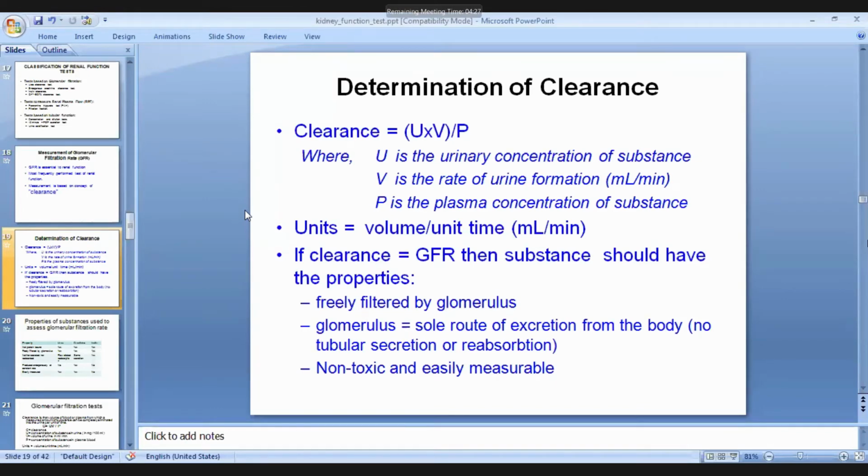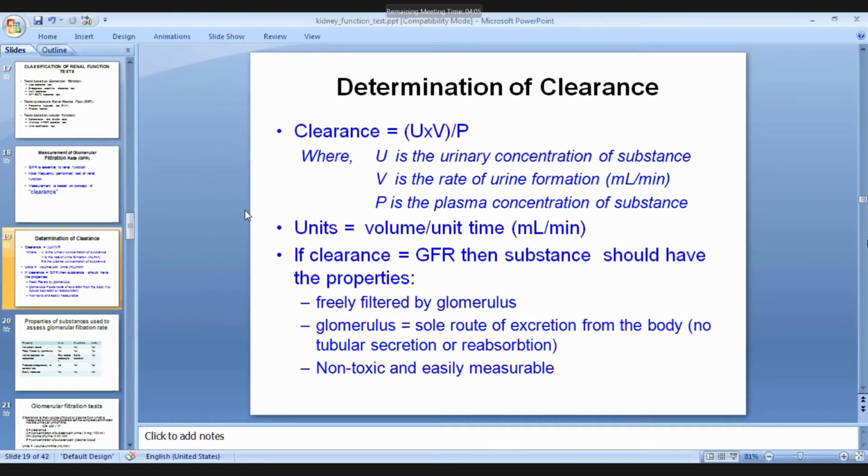The glomerulus should be the sole route of excretion from the body, so there should be no tubular secretion or reabsorption. It should also be non-toxic and easily measurable.